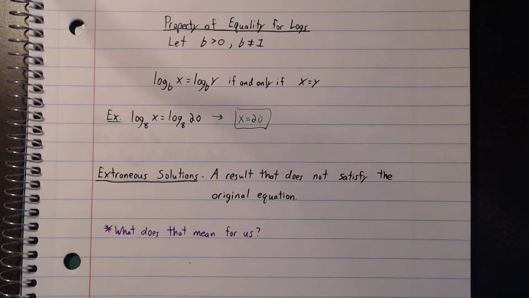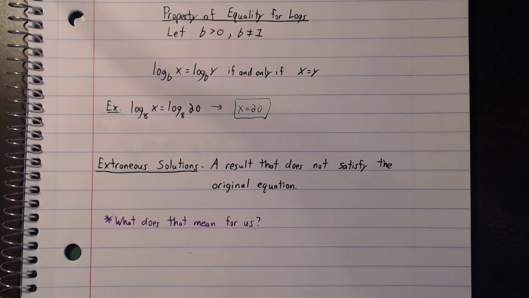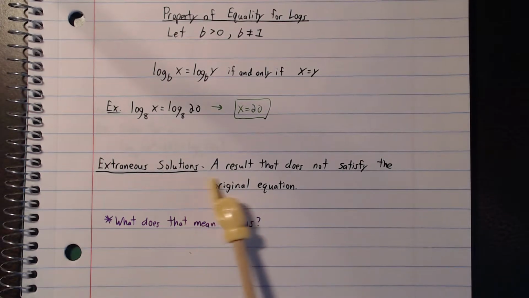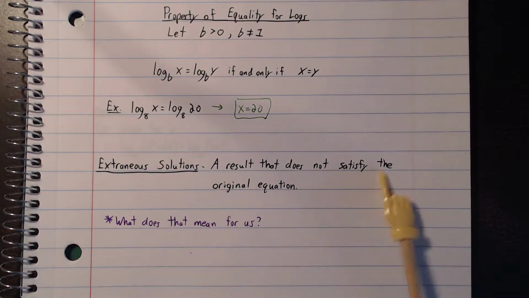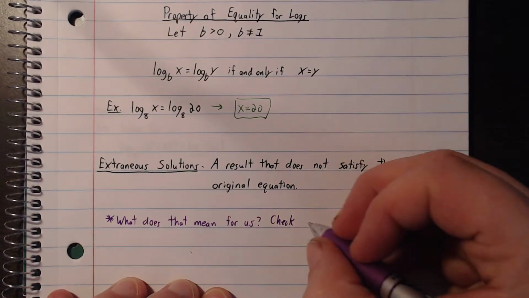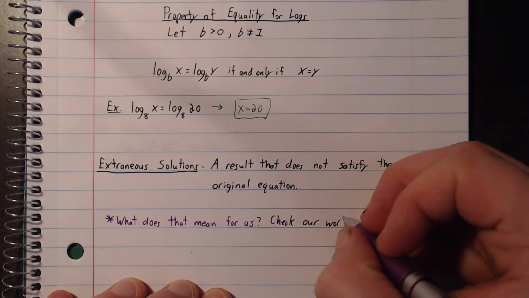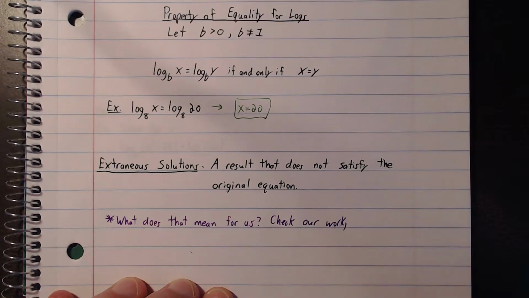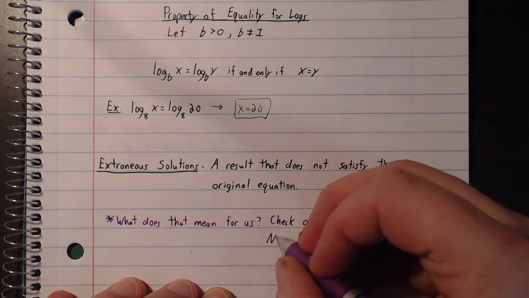What we've got to be checking for, as I mentioned earlier, are extraneous solutions. Extraneous solutions are results that do not satisfy the original equation. What that means for us is that we're going to have to check our work, because we can't have negatives inside of the log.